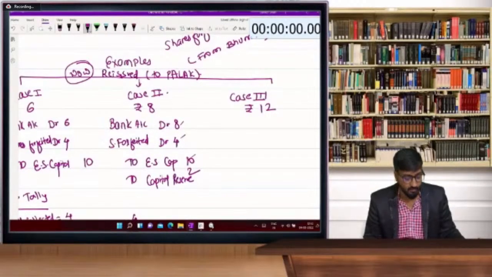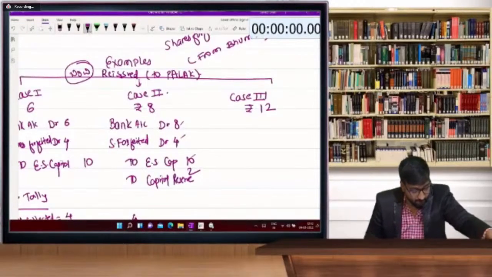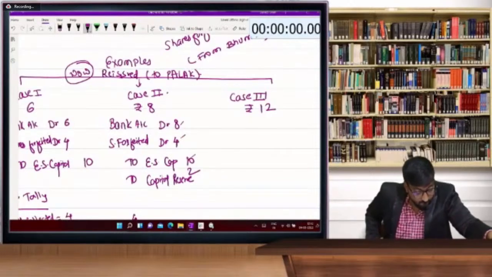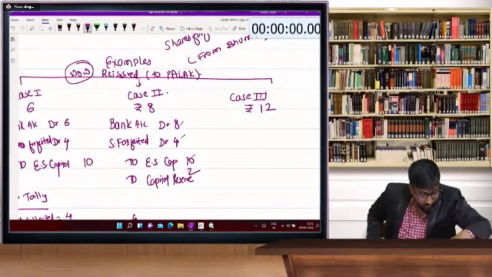Case number 3. Yes, tell me the entry for case number 3, beta. I am waiting for your answer. Sonu Shaw, intelligent guy. Shivam Gupta, intelligent guy.